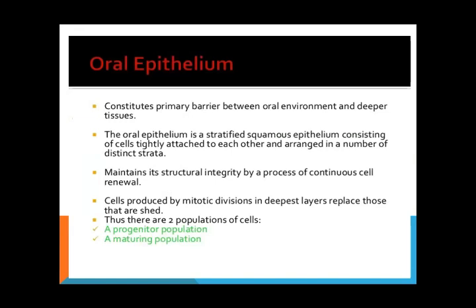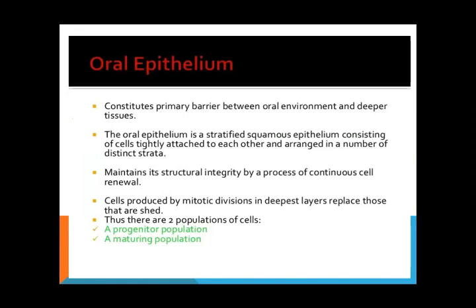Oral epithelium constitutes the primary barrier between the oral environment and deeper tissues. Oral epithelium is a stratified squamous epithelium consisting of cells tightly attached to each other and arranged in a number of distinct strata. It maintains its structural integrity by a process of continuous cell renewal.